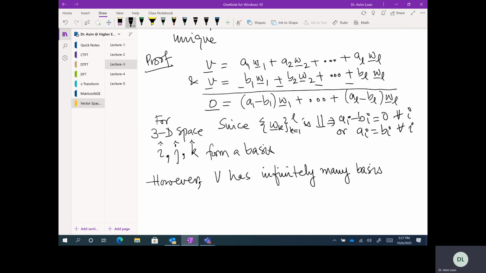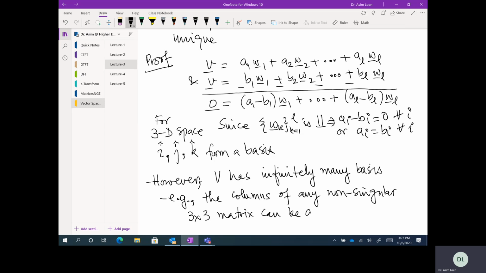For example, the columns of any non-singular 3 by 3 matrix can be a basis for 3-dimensional space.